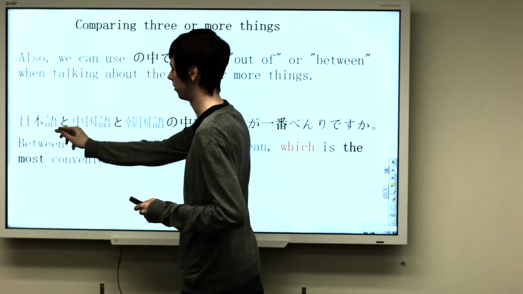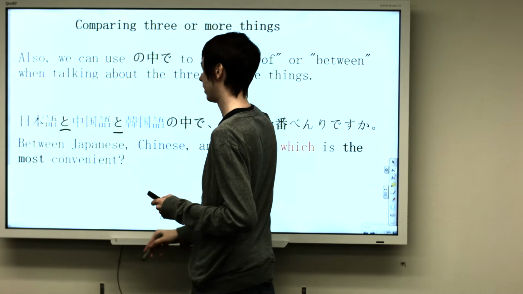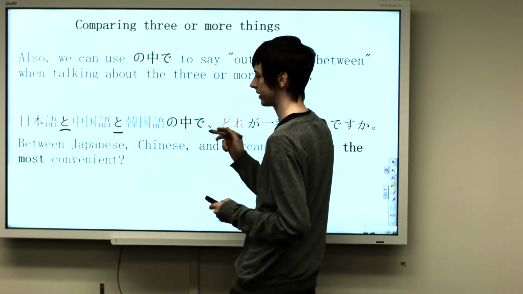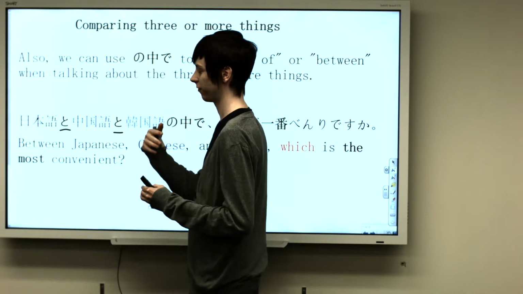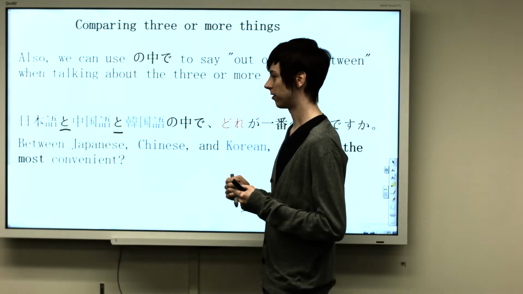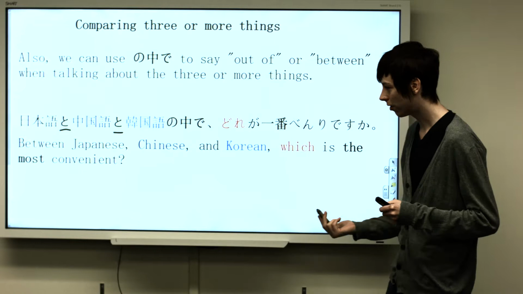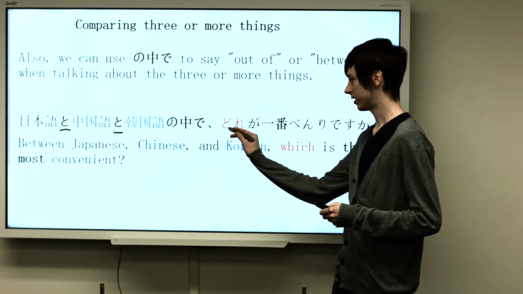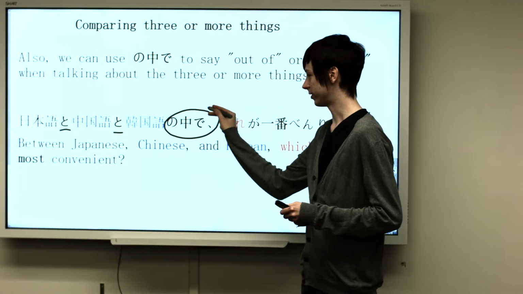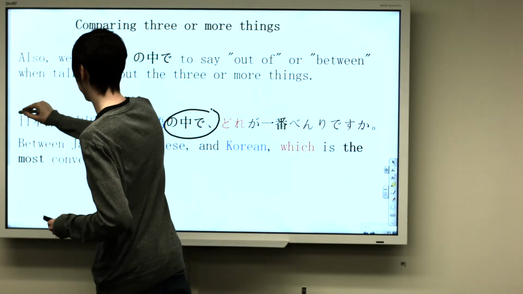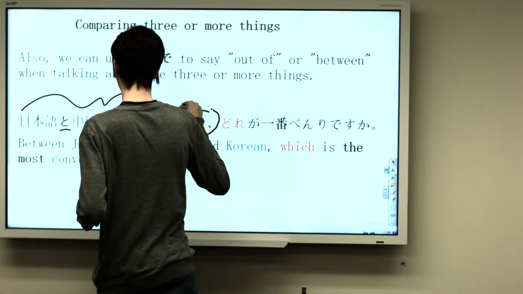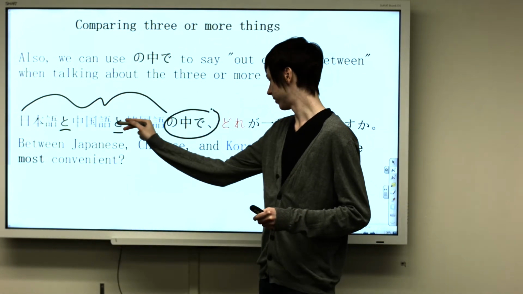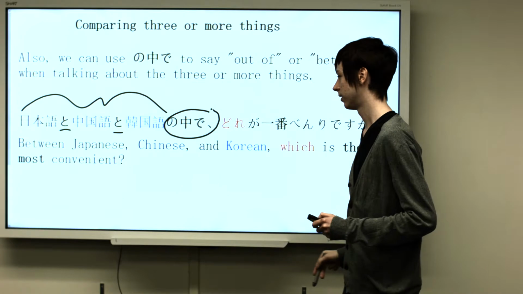So we see the particle to, and, but in this case it's kind of listing them. So 日本語と中国語と韓国語の中で. So の中で is referring to out of these 3. So literally, the middle of these 3, which one is the most convenient?